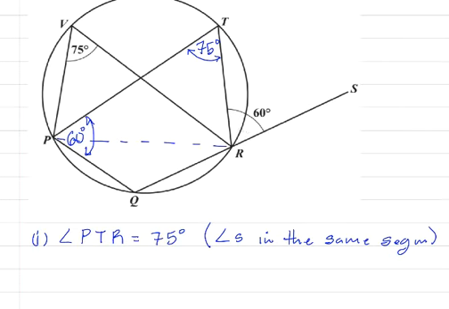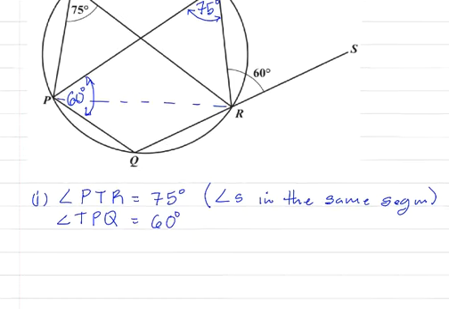TRS is the exterior angle of the cyclic quadrilateral, and TPQ is the opposite interior angle. So angle TPQ is equal to 60 degrees.